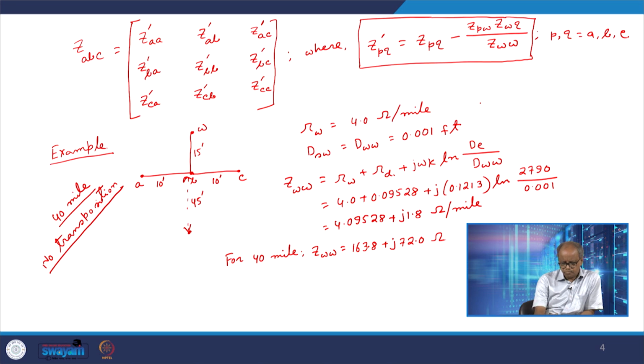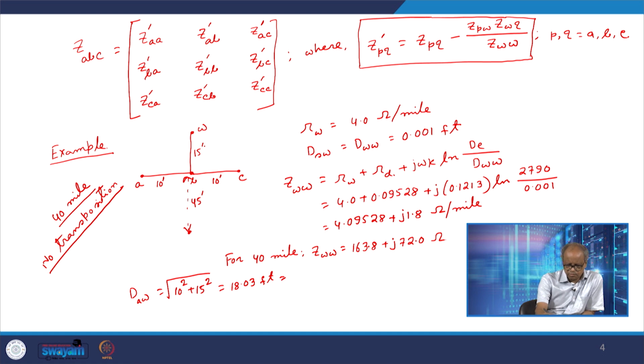So for that, we need dAW, the distance between conductor A and the ground conductor. That would be the square root of 10 squared plus 15 squared, which is 18.03 feet, right?